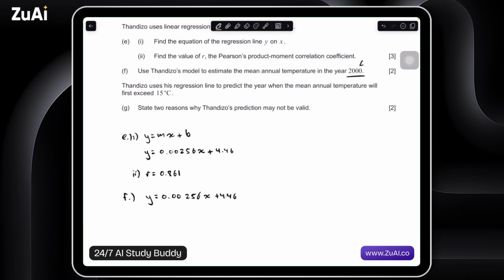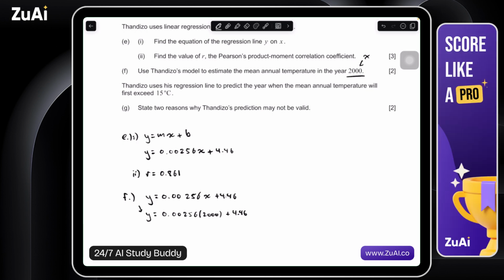And now we have some input x. Let's substitute into this equation 0.00256, and then we'll put 2000 in here. We'll substitute in for x, and then we'll ask ourselves, what is the output, the temperature at that year? What would it predict? Okay, so that's more straightforward, kind of just calculations.